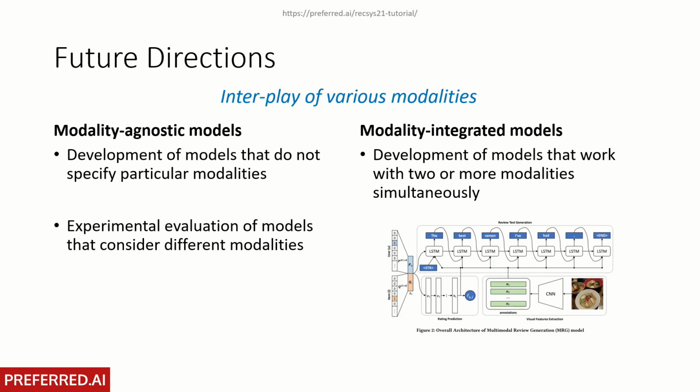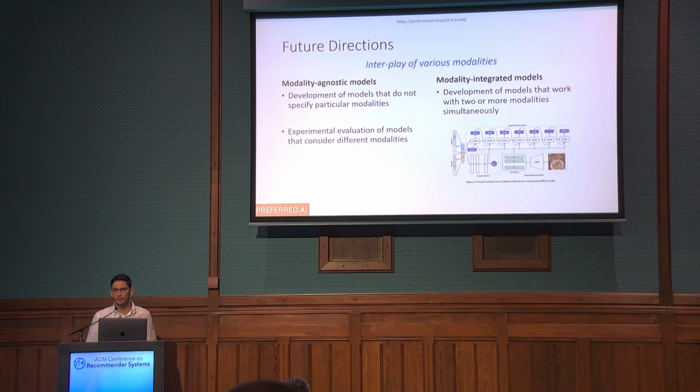You may think of a way of integrating all these modalities, but of course, this raises a lot of other research questions: how do you combine those modalities and how do you bring this heterogeneous information into one common space that captures user preferences? There are already some works on that, but it remains underexplored. There are already models, for example, that integrate text and social network information, but it's largely underexplored compared to the individual modalities.